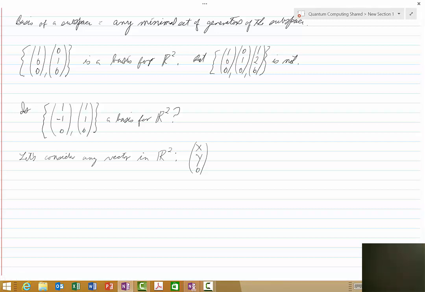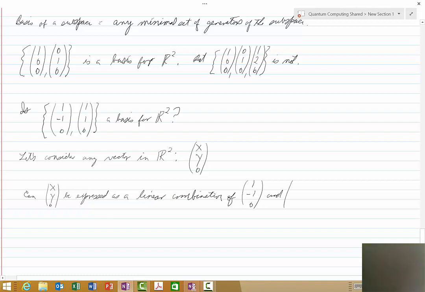So now, can x, y, 0 be expressed as a linear combination of 1, -1, 0 and 1, 1, 0.